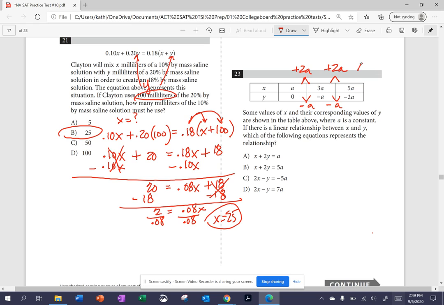So this is the change in x, and this is the change in y. So slope is change in y divided by the change in x. So my change in y is minus a, and my change in x is 2a. So simplifying, my slope is negative a half.